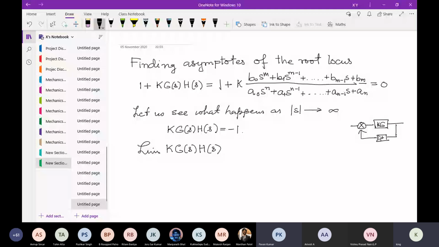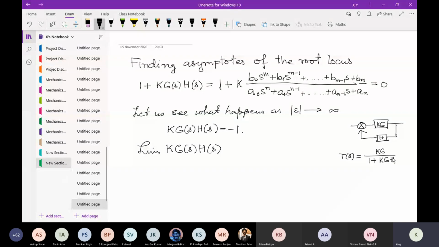But why will that K come into picture for the gain of the system? Because we are looking at what the transfer function is in this case. It will be KG. So we are interested in when the denominator of this transfer function becomes equal to 0, making our transfer function infinity.